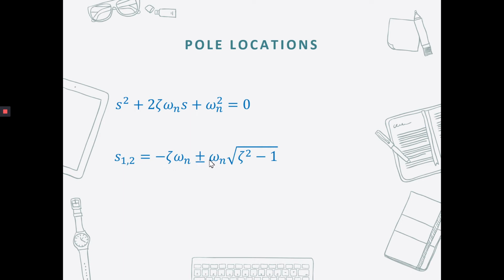You should include j here because for this case these are complex conjugate poles. So this is the real part and this is the imaginary part, where you should include the j symbol in your roots or poles.